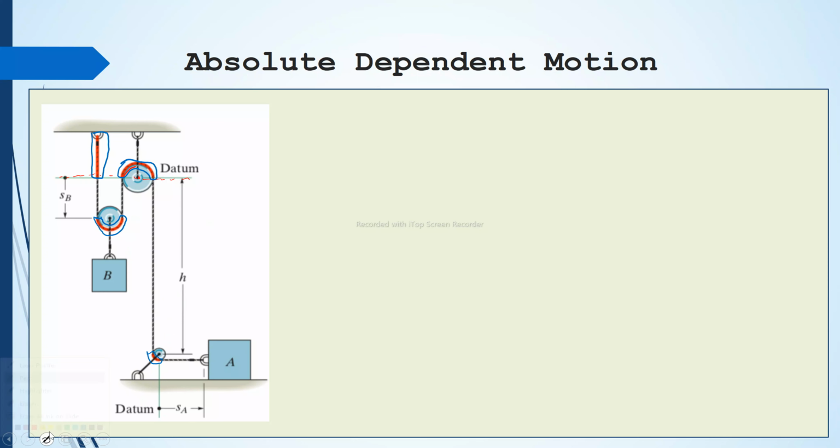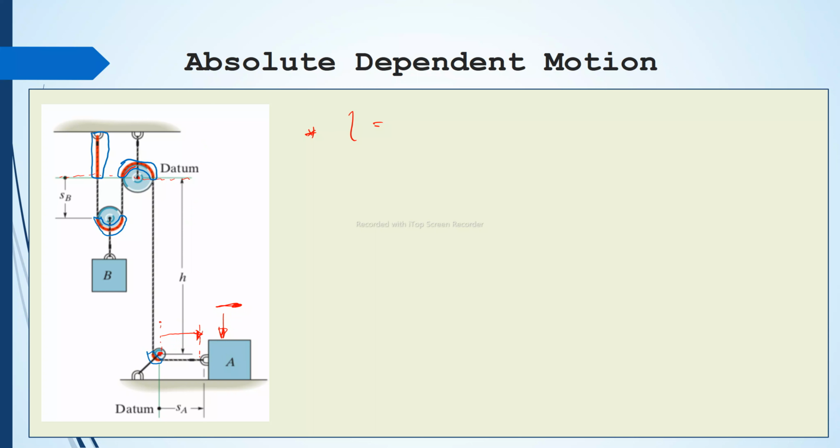So again, first, let's write the total length of this specific problem. We have the total length of the chord is equal to, for the vertical line, our datum is here, and then it moves downward. For the horizontal, because this block here moves towards the right, we'll have our datum line here, and then it extends outward to the right.